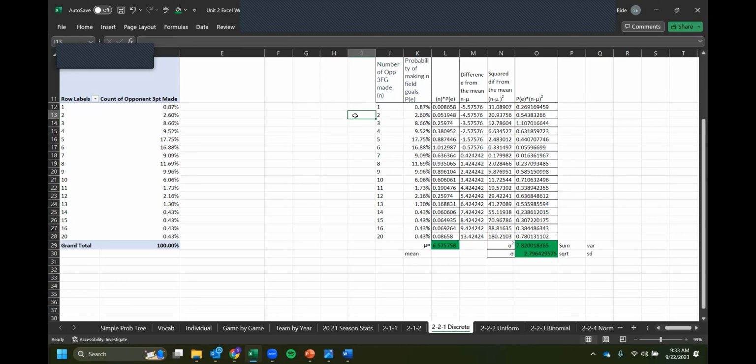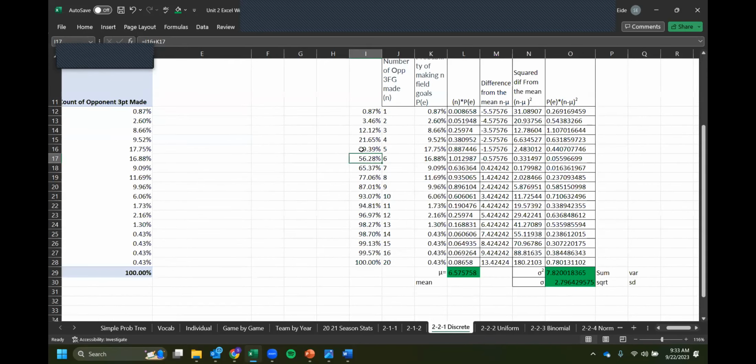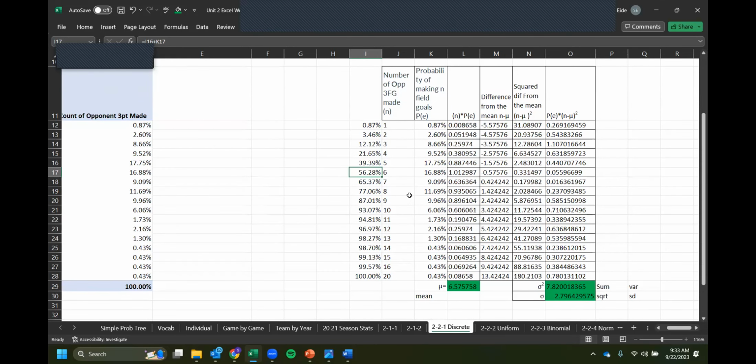Okay, the cumulative probability, we do equals 0.87 equals this plus that, and you just drag it down. So the median is going to be the first one that goes over 50%. Okay. What is the first one that goes over 50%? Right. 6 is going to be the first one that goes over 50%.